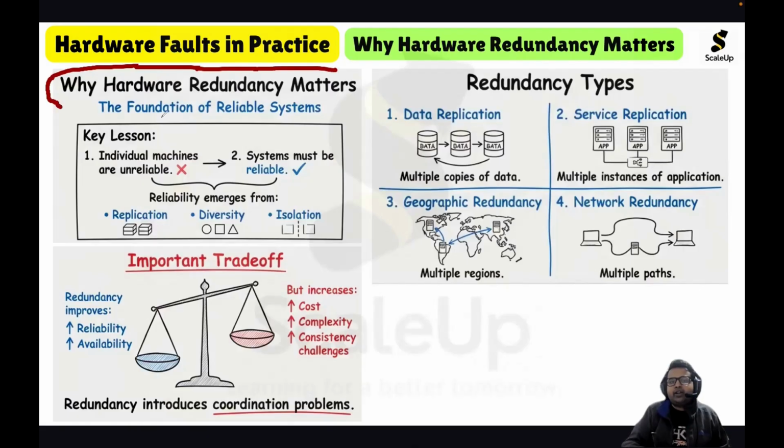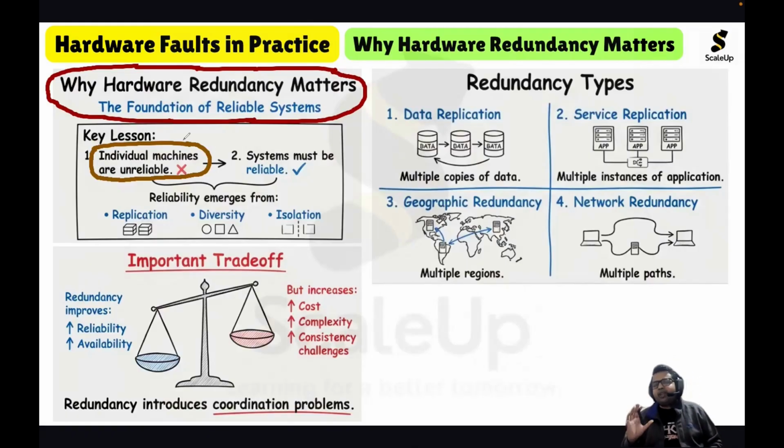Hardware redundancy is the foundation of reliable systems. Individual machines are unreliable, because we already saw that disks might break, memory might corrupt, and there might be power outages and network failures. Individual machines are unreliable, and we need reliable systems.